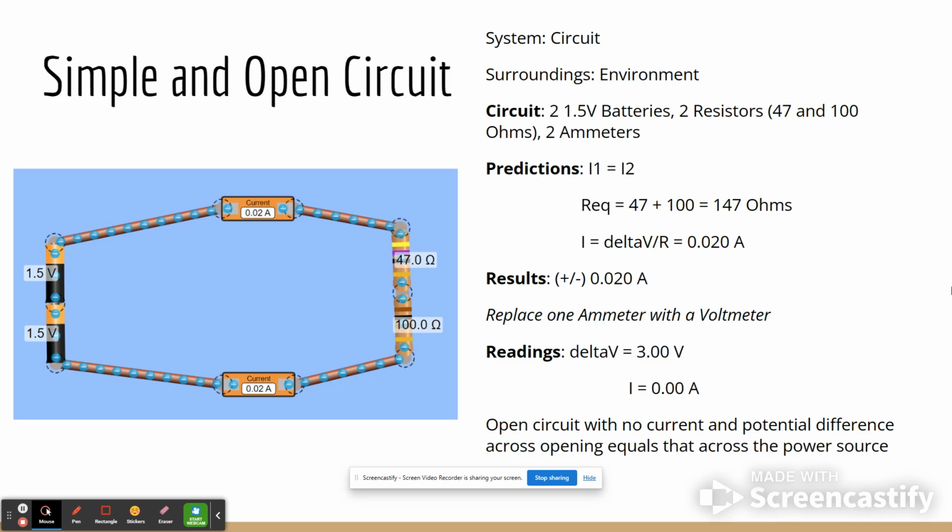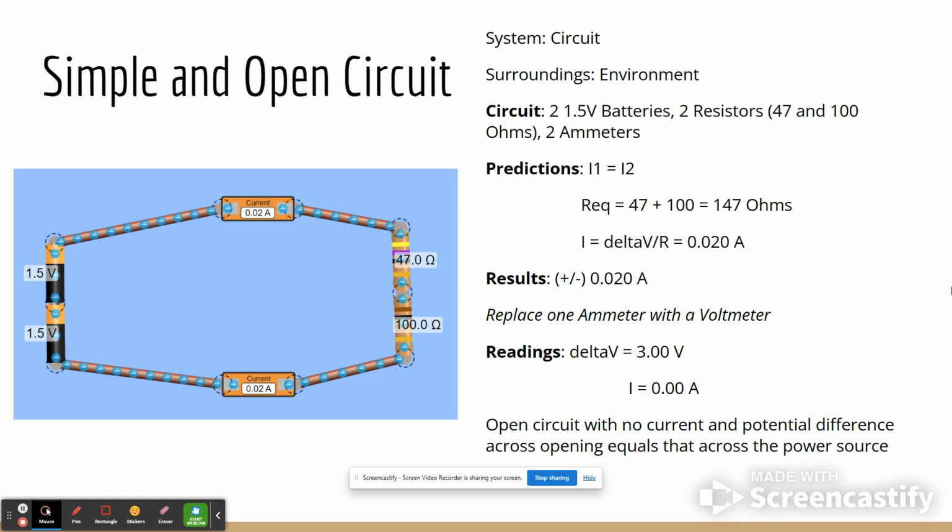The prediction is I1 is going to equal I2, and the entire resistance is just going to be 147 ohms, and I is equal to delta V divided by R, which in this case would be 0.02 amps. And the result is the same, 0.02 amps.